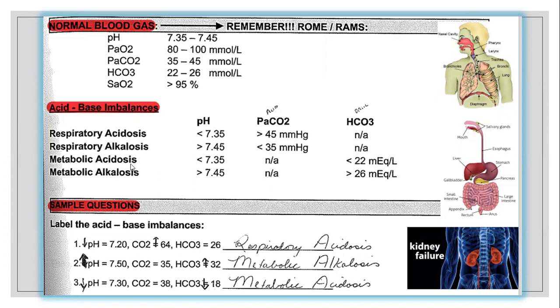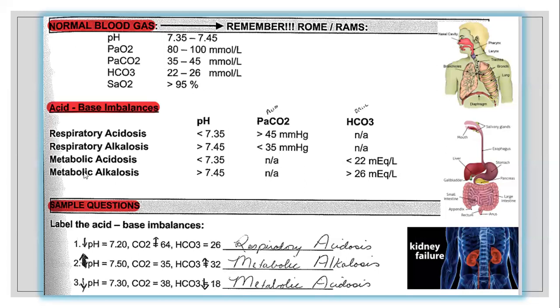In case of metabolic acidosis, pH is supposed to be less than 7.35 because acidosis. Metabolic, so partial pressure of carbon dioxide is supposed to be normal because it is a marker of respiratory problem. And bicarbonate ion is supposed to be less than the lower limit, less than 22 milliequivalent per liter in case of metabolic acidosis.